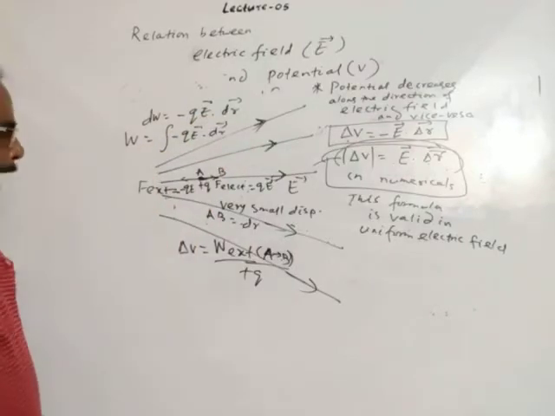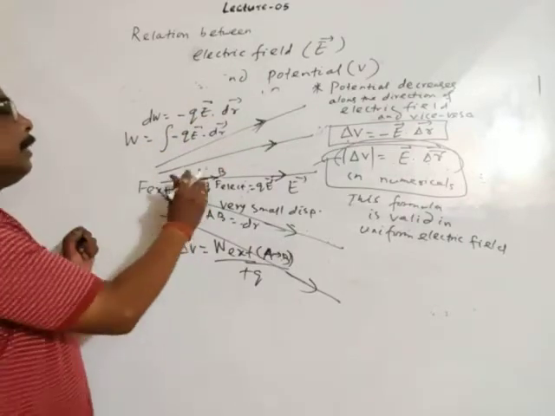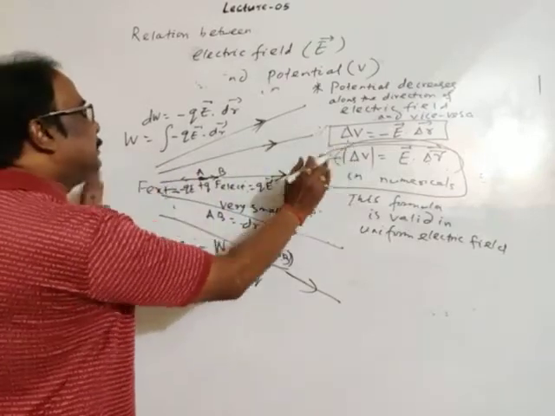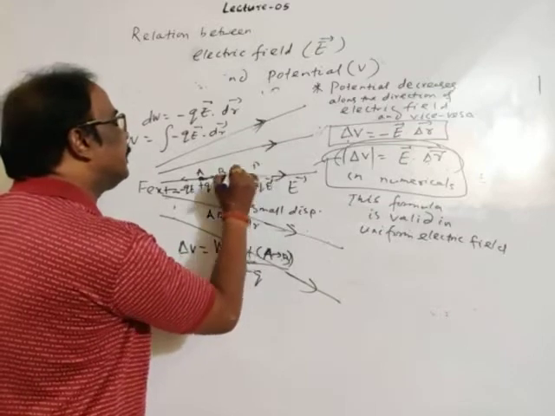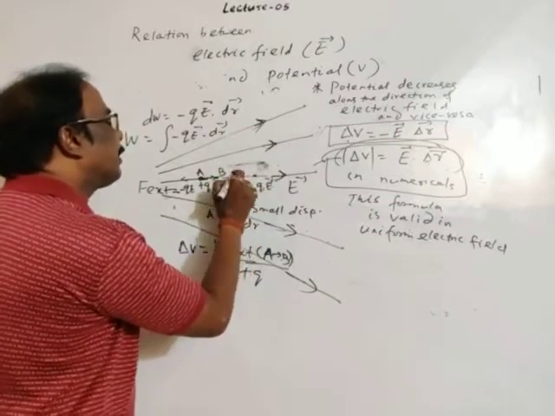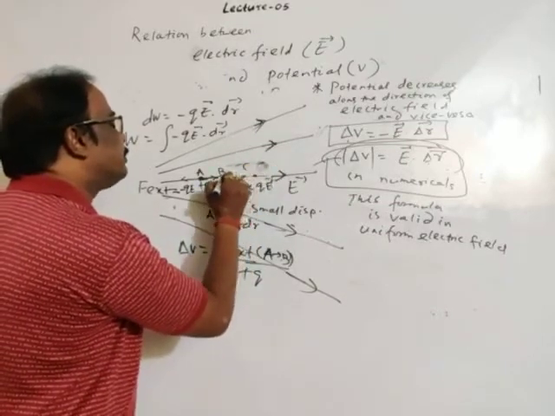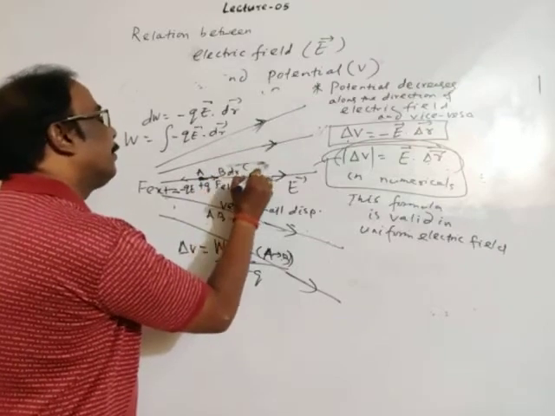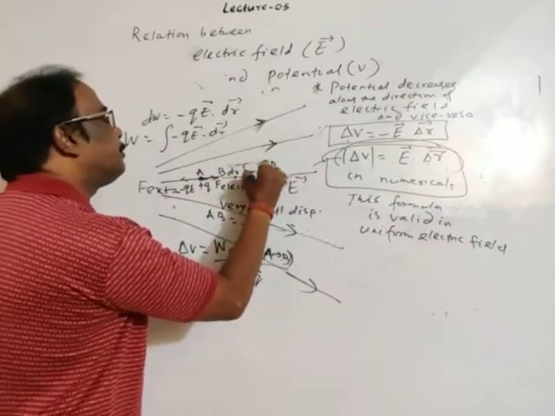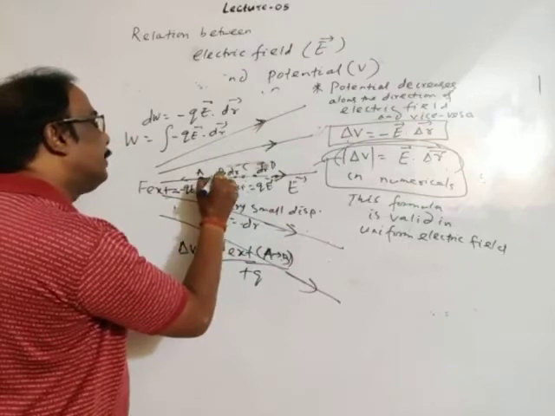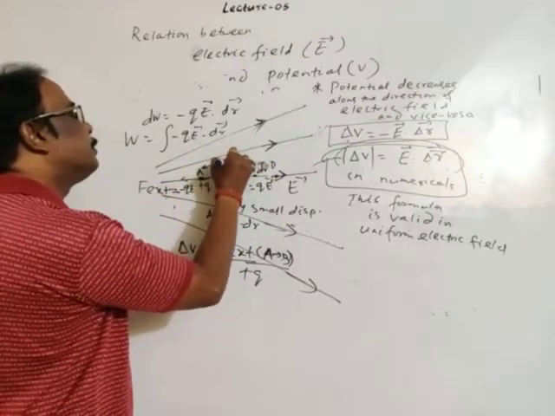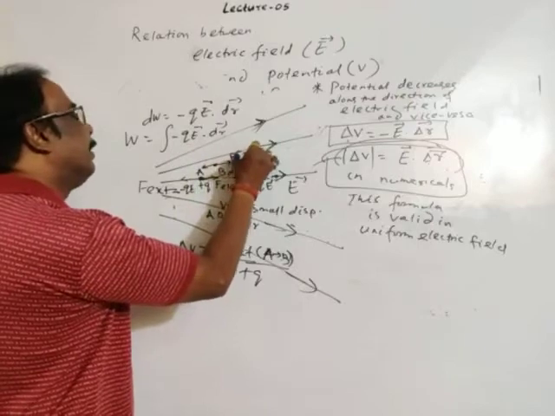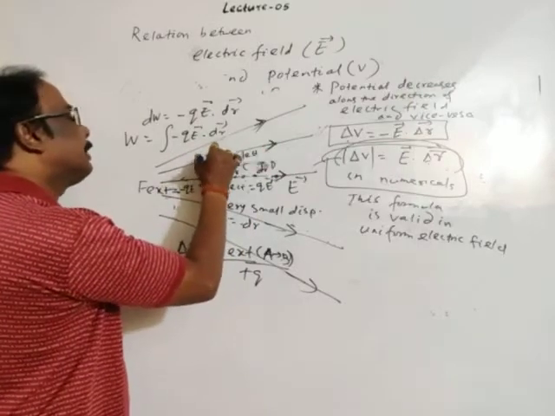Then, as we know, this electric field is non-uniform. If you take this point as C, this point as D, from B to C this is also dr, from C to D this is also dr. So here also at point B, the charge will experience force due to electric field and external force, the same thing.